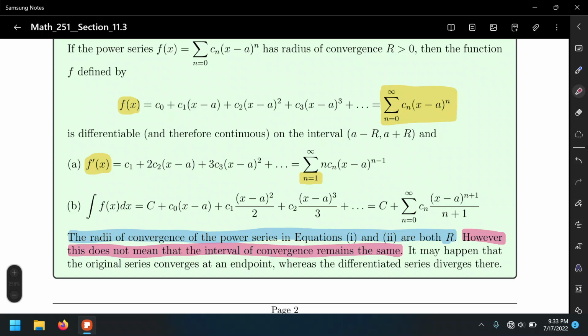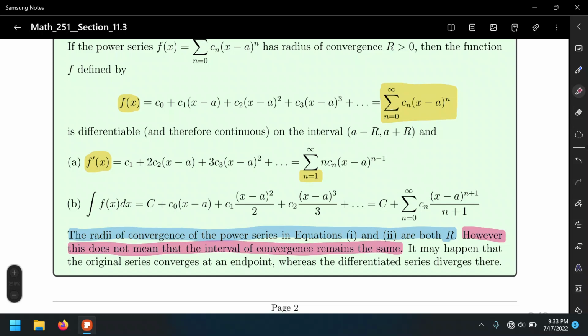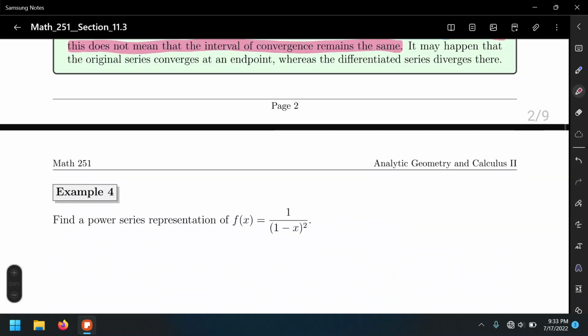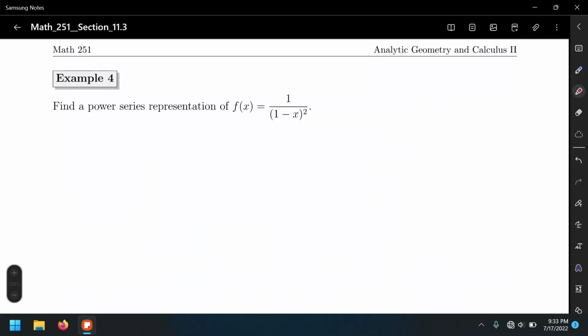It might go from both exclusive to maybe both inclusive, or from both exclusive to one inclusive, one exclusive. So it's important to check the interval of convergence, or rather the endpoints. And we're going to take advantage of these properties of differentiation and integration to obtain power series for new functions.